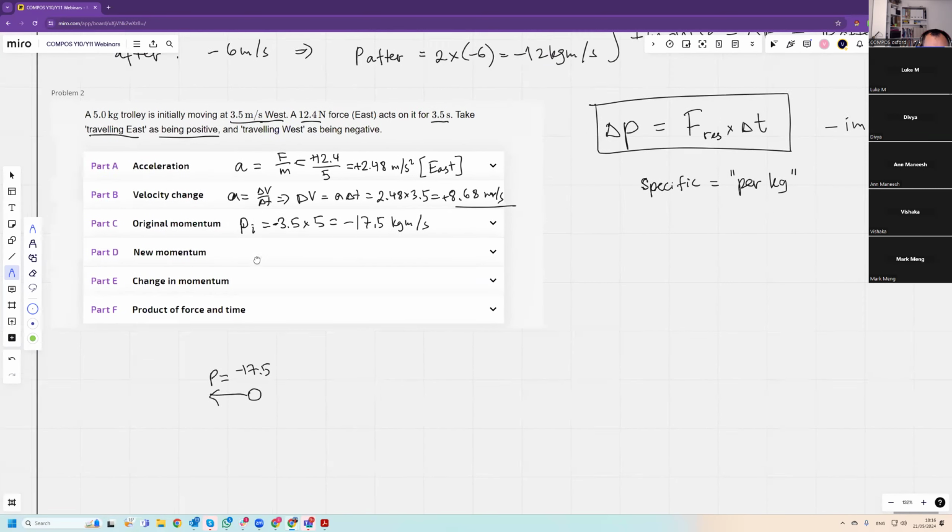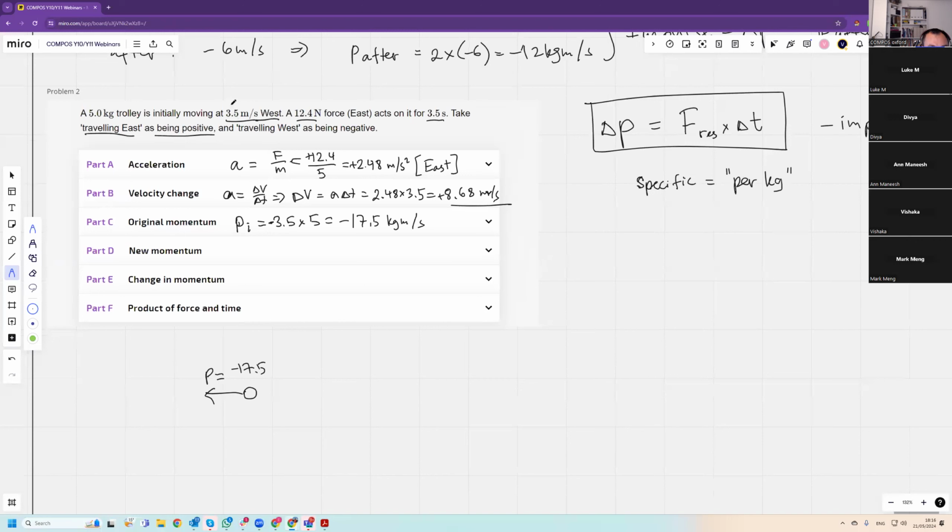The new momentum: it was moving at 3.5, and now the velocity changed. The final velocity is the initial velocity plus the change in velocity. So the initial velocity is minus 3.5 plus the change 8.68, which is 5.18 meters per second.